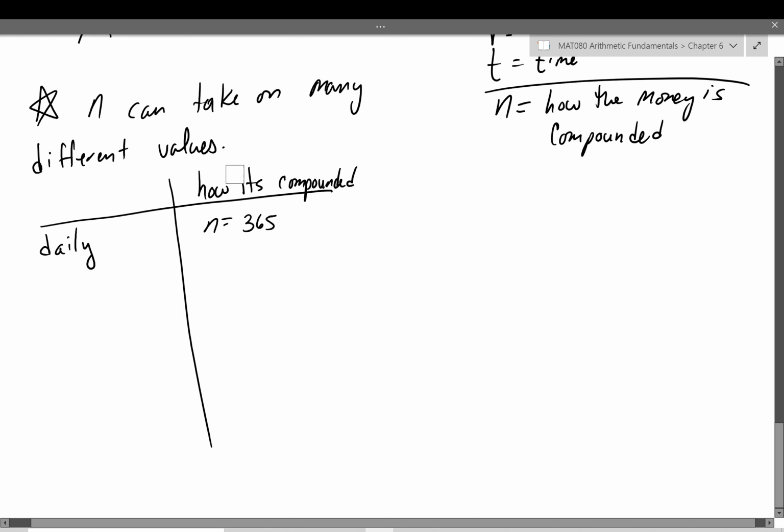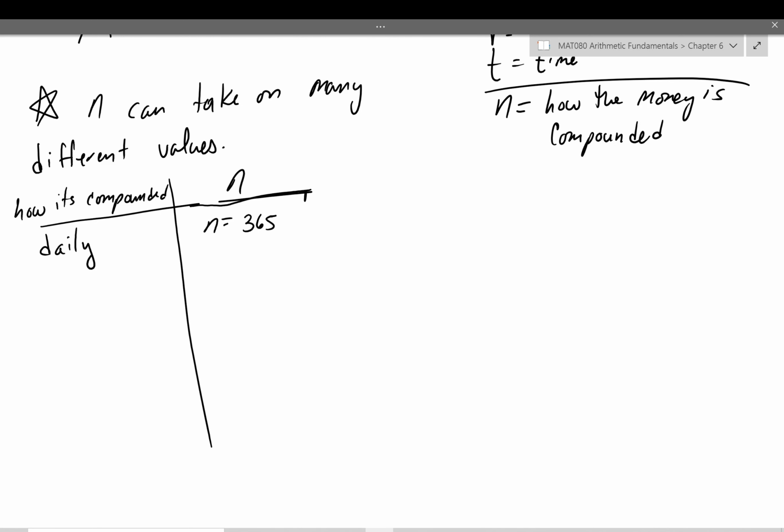In fact, now that I look at it, I'm going to change these headings. I'm going to put how it's compounded. I wrote it backwards by accident. And then just what N equals. So if the money is compounded daily, N equals 365.